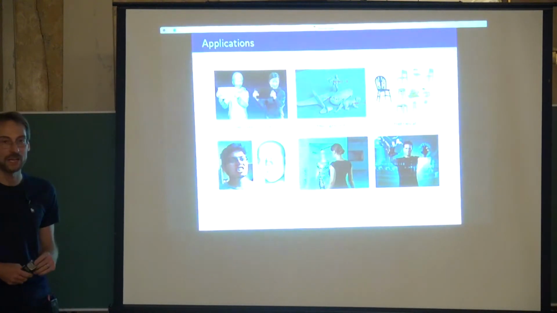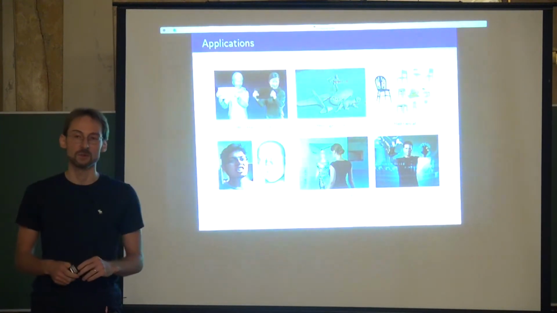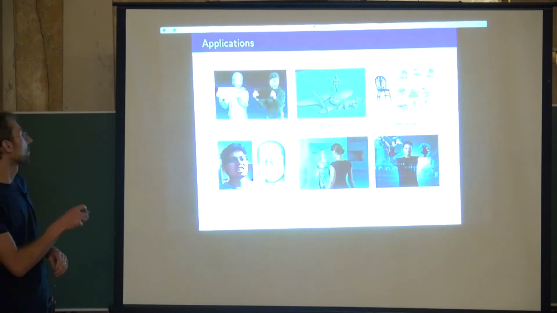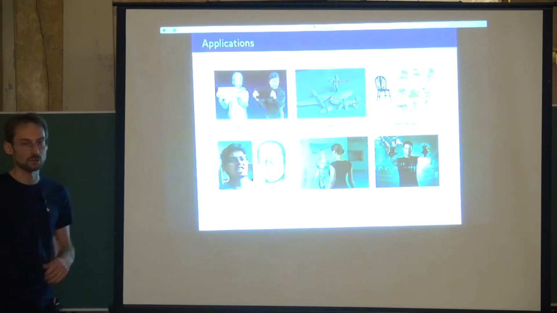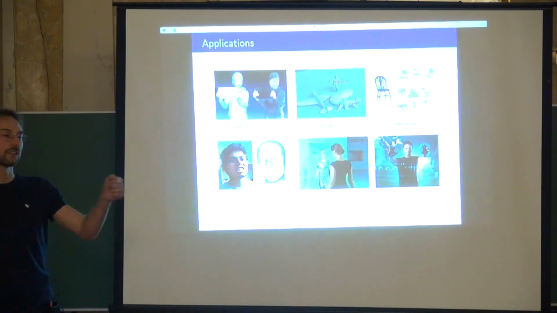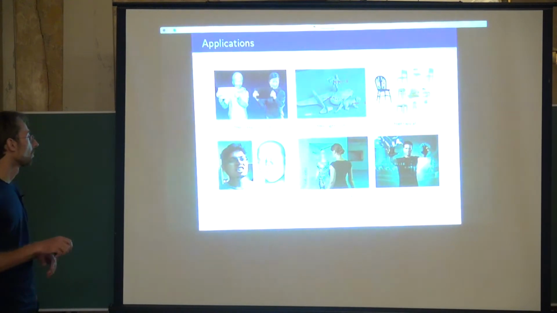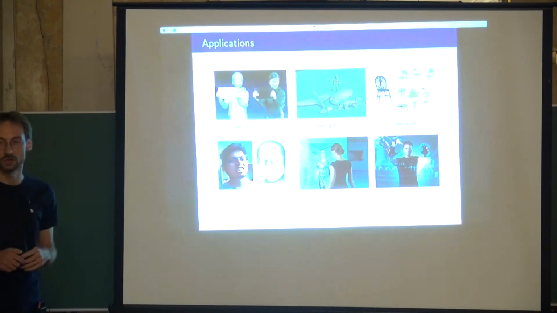And many exciting applications. Some of the classical problems in computer vision and pattern recognition, and some more exciting things like reconstruction. For 3D printing, you can scan yourself from different angles and get a full solid 3D model. Recognition, for example for robotics, is very important.